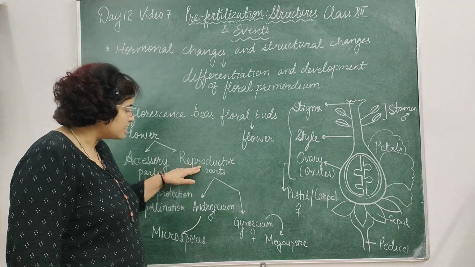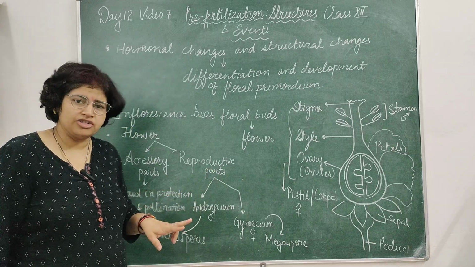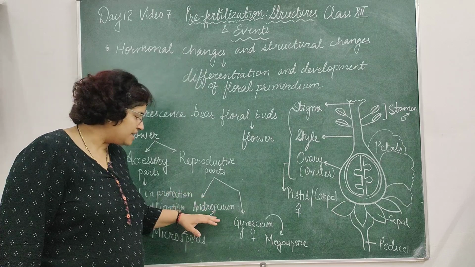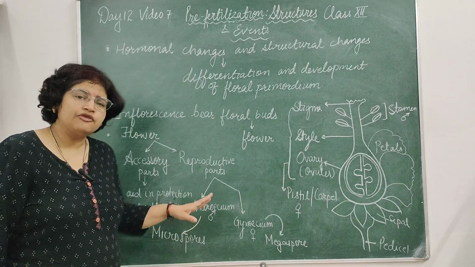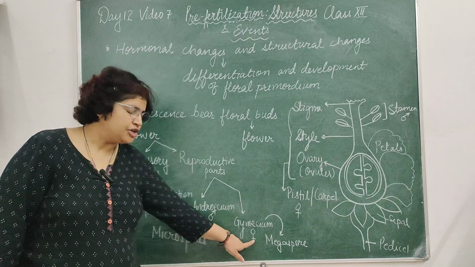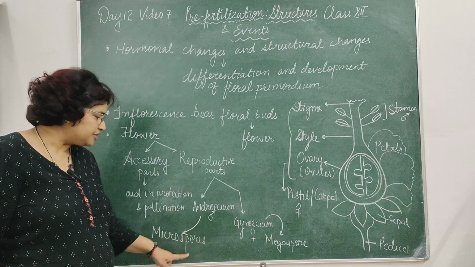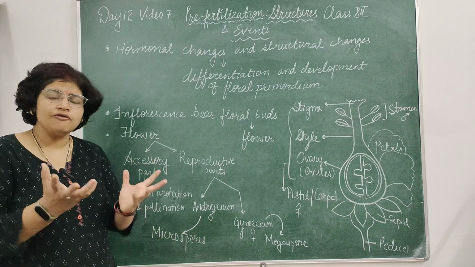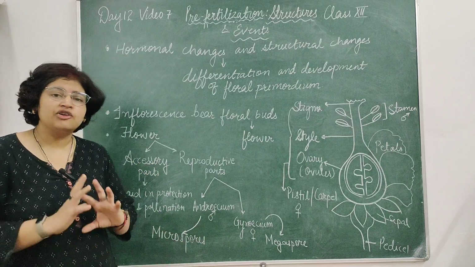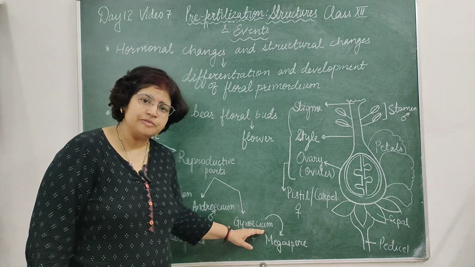Next we have the reproductive parts, which help in reproduction: the male part and the female part. The male part is known as androecium and the female part is known as gynoecium. These are the symbols used to represent the male and the female parts. The whorl of stamens is known as androecium and the whorl of pistil or carpel is known as gynoecium.